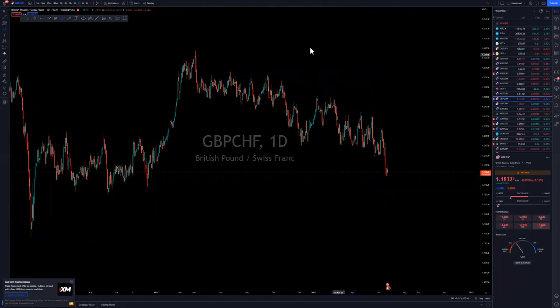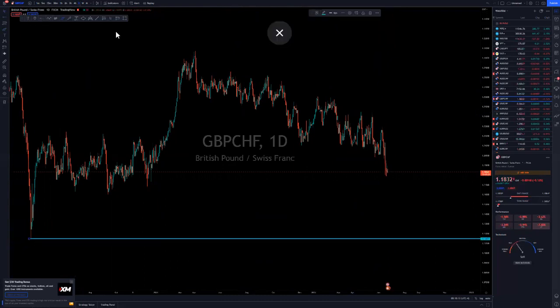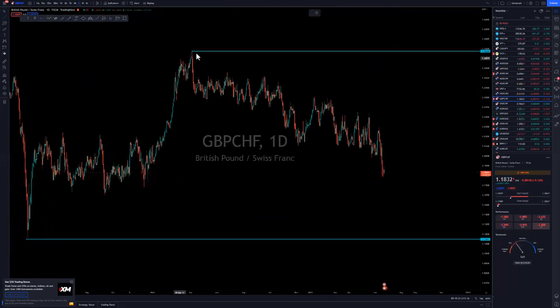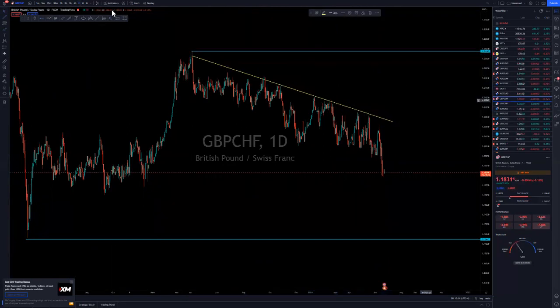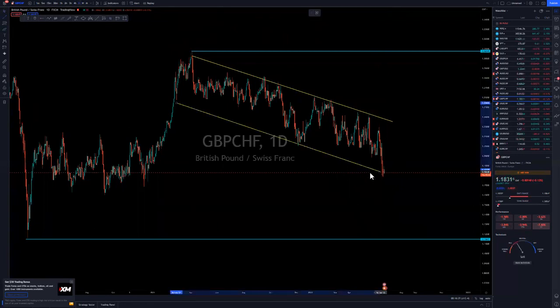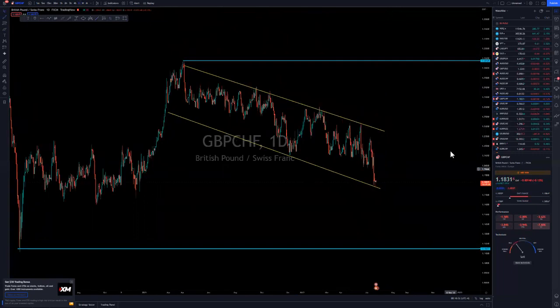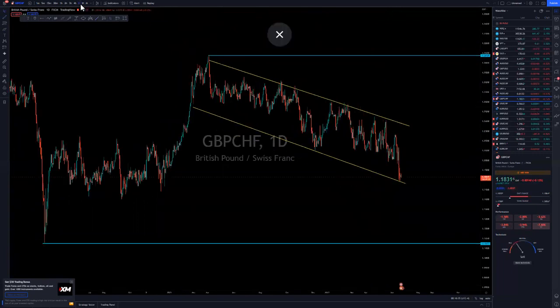With GBP CHF, we have the low here, and then we have the high here, and then we have these guys. You see how it touched nicely. We have a lot of touches there. Again, I have something like this. So price is becoming tricky. So you have to go to the what? We have to go to the 4-hour.